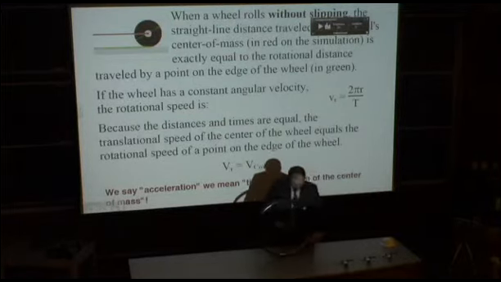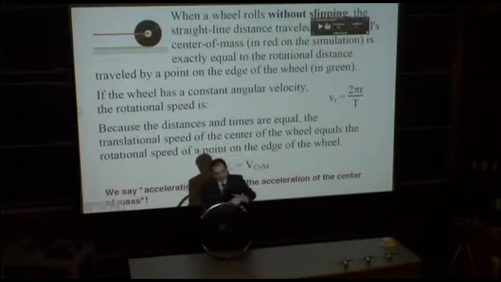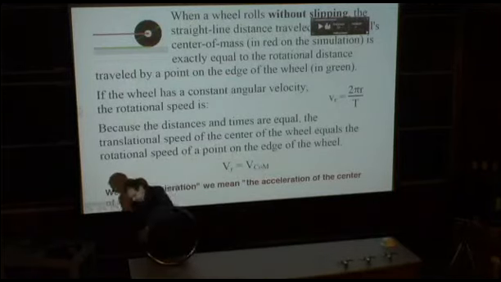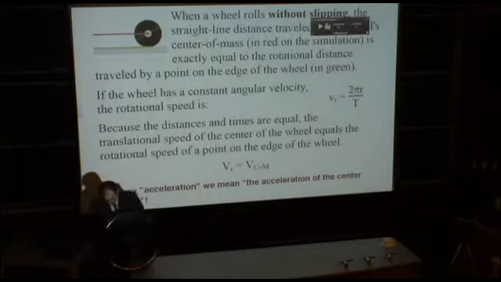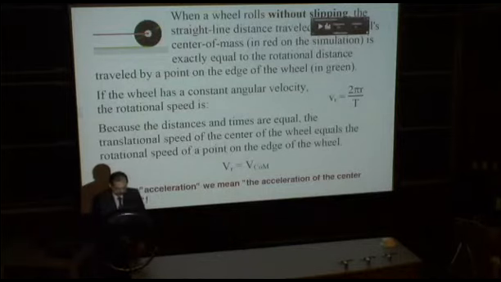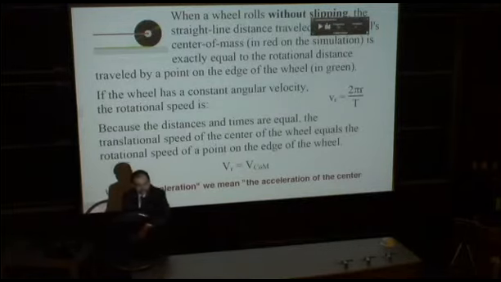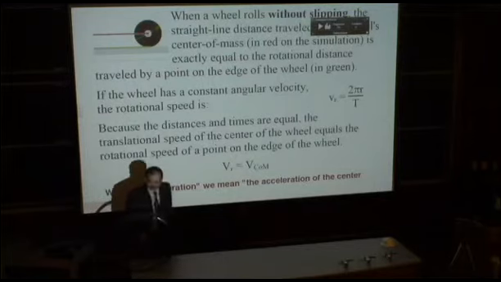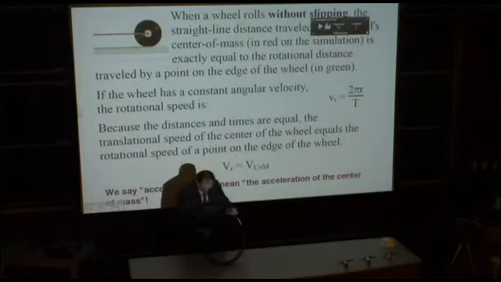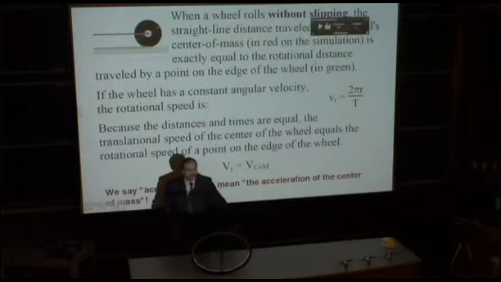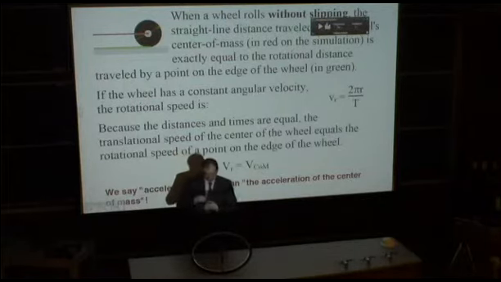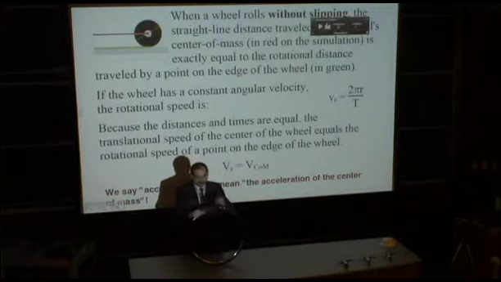If I make one whole revolution, the distance traveled by this red mark is equal to 1 circumference. But the distance traveled by this handle, by this center, is also equal to what? The same circumference.